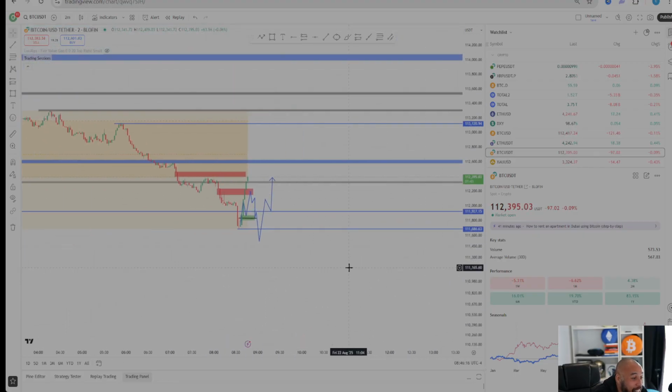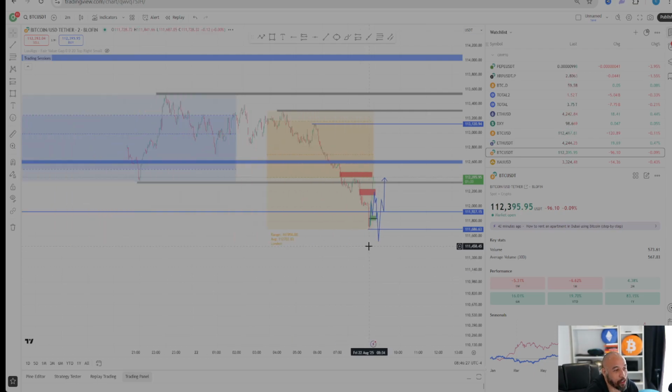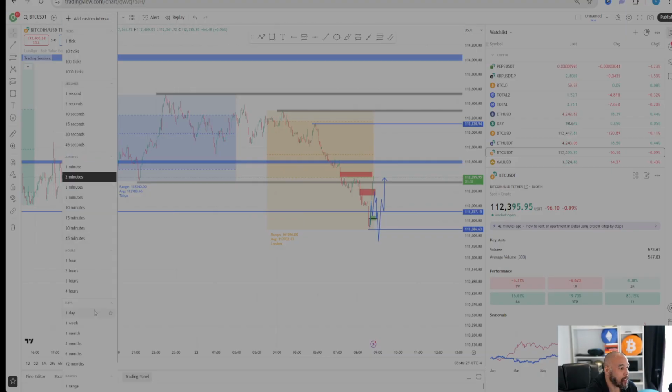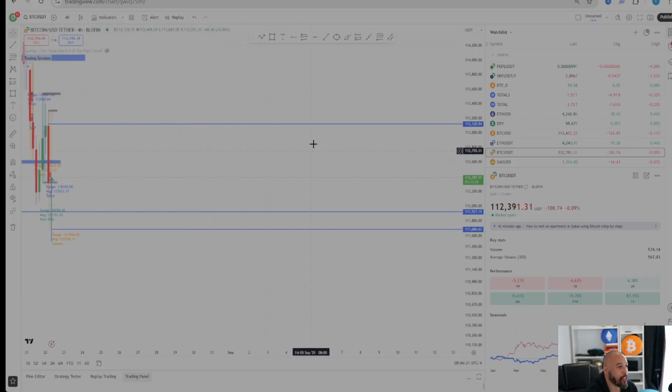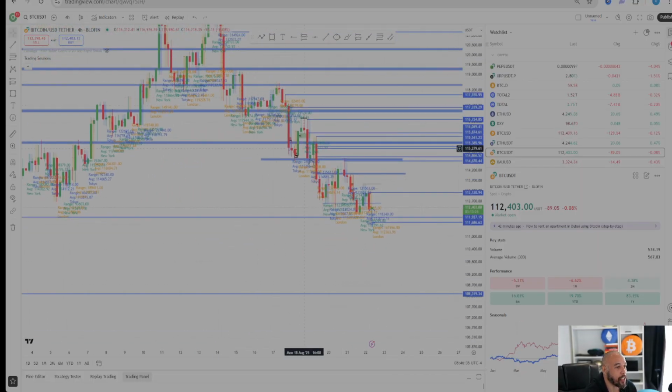Ooh! Was this potentially the bottom of the cycle? Was that potentially the bottom, guys? Because if you really think about it, we've been bearish for a while. We grabbed a lot of liquidity, right?